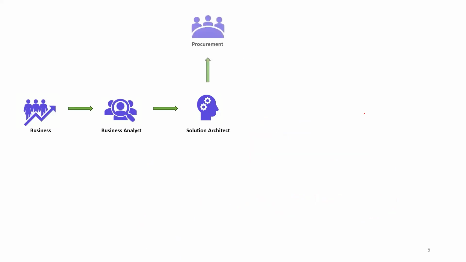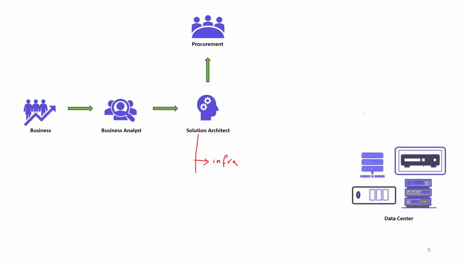Correct. So whatever the solution architect has mentioned in the architecture diagram, if that particular infrastructure or hardware is not available in the company's data center, the solution architect will create a request to the procurement team.